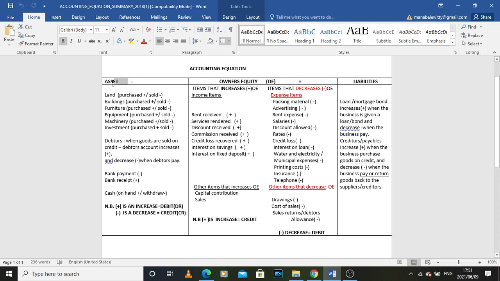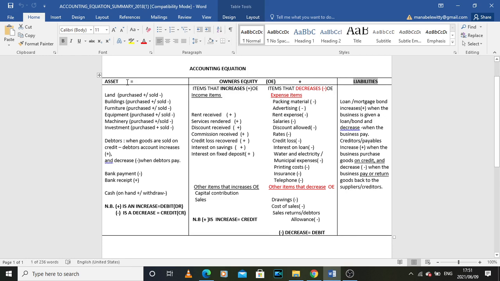Asset is what the business is owning, not owing, but owning. And then owner's equity, this is the position of the business. All the incomes and expenses that are being paid and received by the business happen here. And whatever a business is owing, the liabilities, it's in here.